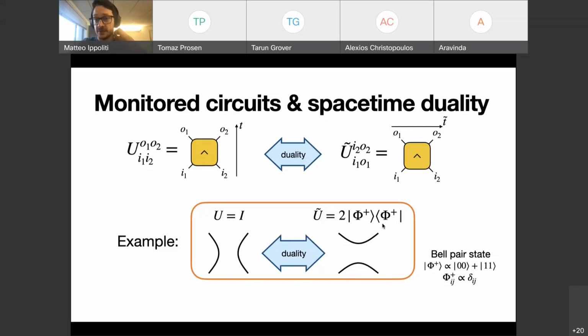So this is much like performing a Bell measurement, except the outcome is predetermined. You don't get to randomly sample from the 4 possible Bell states, 0,0 plus or minus 1,1, 0,1 plus or minus 1,0. You always get this one. So this is the kind of idea behind what I just said about attempting to alleviate the overhead of random measurements by using space-time duality.